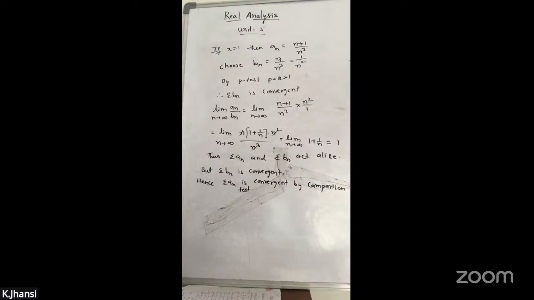If you have n in the power, then you can use Cauchy's root test. In Cauchy's root test, an to the power of 1 by n will be there. With the help of that, the n and whatever n is in the power, both will get cancelled and it will be converted into a simple form such that we can solve the problem.